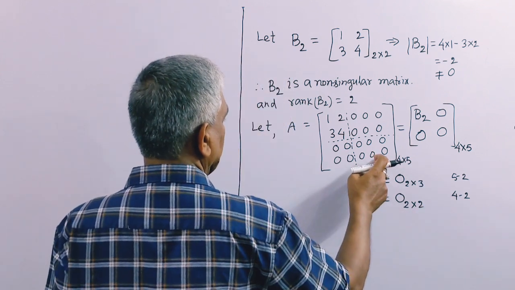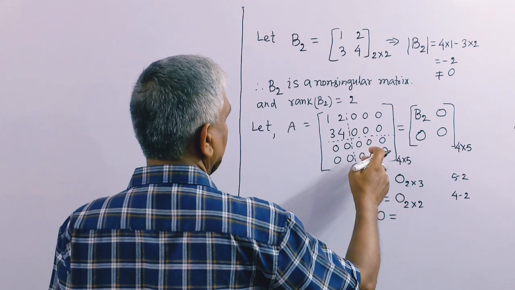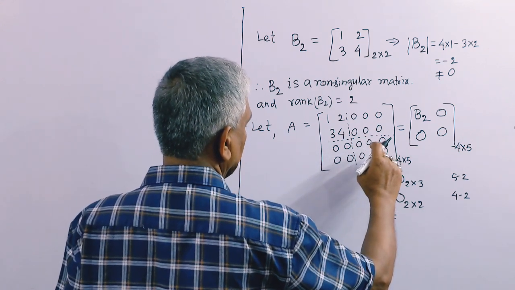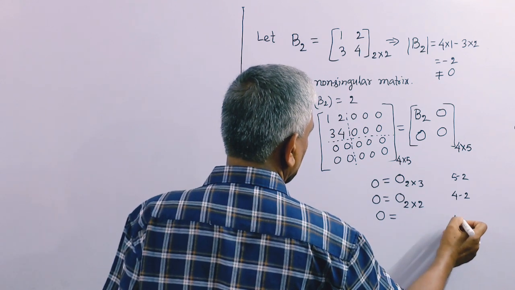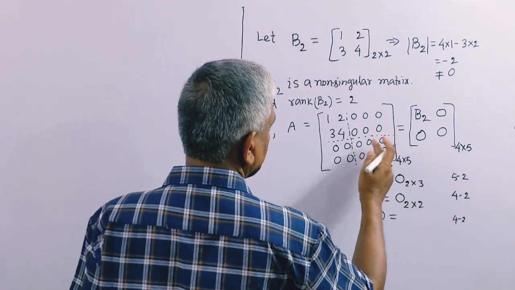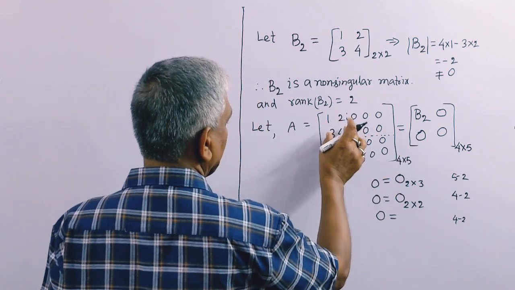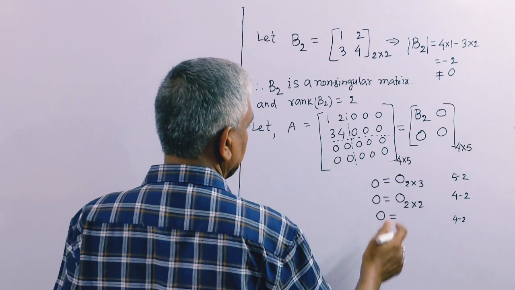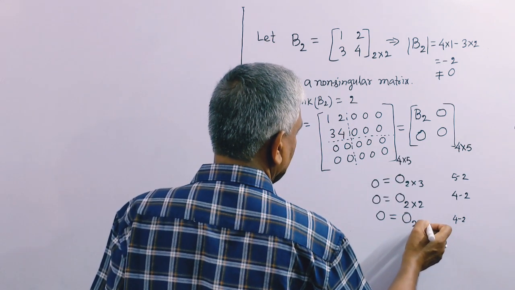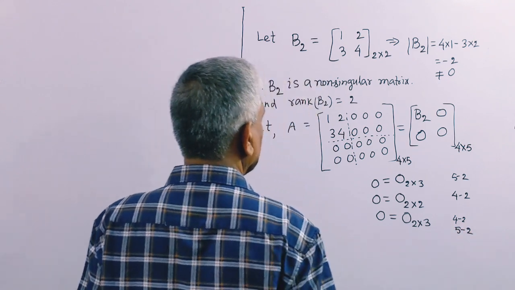And this 0 matrix has 2 rows, 4 minus 2, and 3 columns, 5 minus the number of columns of B2. So this is 2 multiplied by 3.